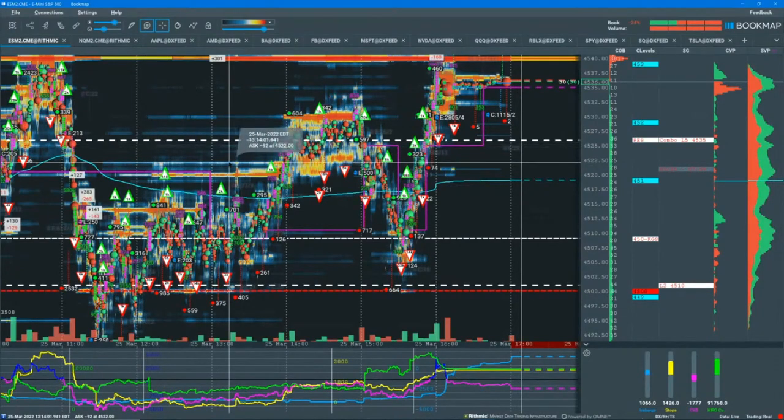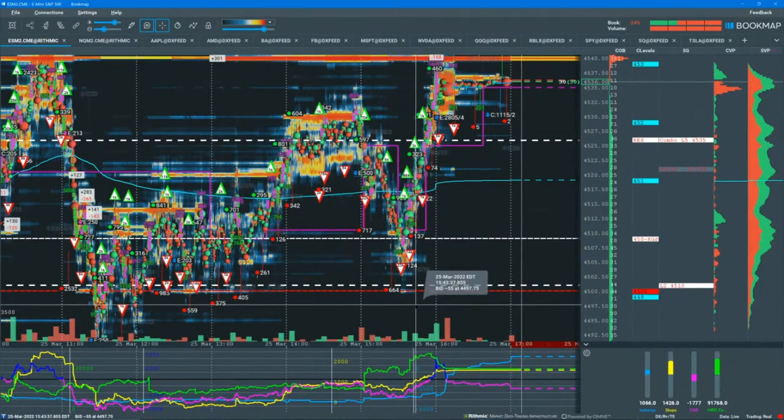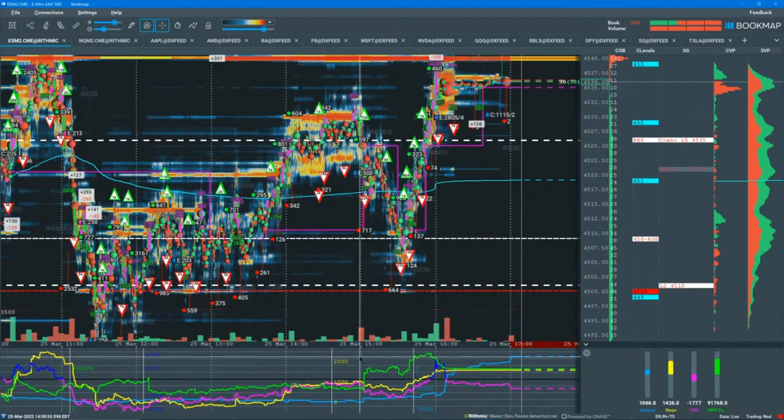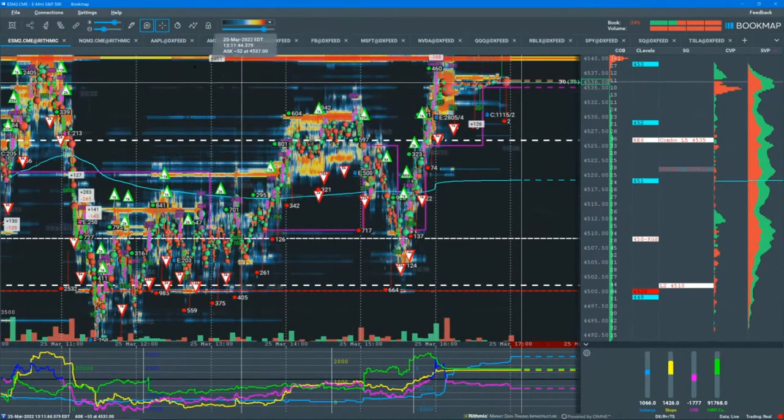So again, Hero is the green line on the subchart. And it looks like traders were buying calls and or selling puts into the close. And that's more prevalent in the last hour.